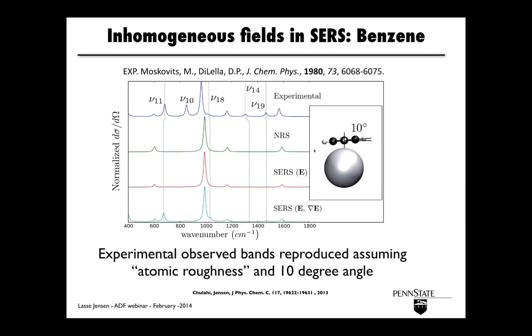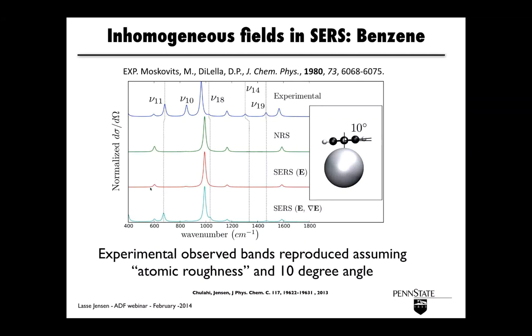And here's just an example of doing that for benzene on a metal nanoparticle. Here's the experimental spectrum obtained from Moskovits. Here's normal Raman scattering, and you see many of the peaks found experimentally are not seen in free molecules, because they're IR active modes and hence should be silent in normal Raman scattering.